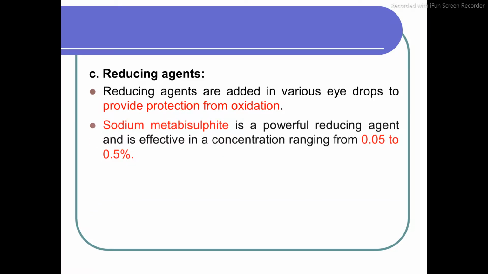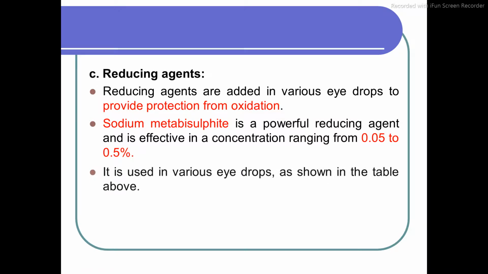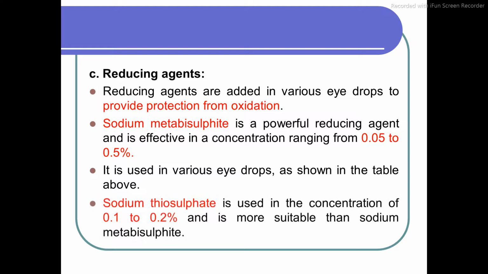Sodium metabisulfite is a very powerful and the most widely used reducing agent in ophthalmic preparations, and it is used in a concentration of 0.05 to 0.5%. It is used in various eye drops as shown in the earlier table we have seen. Then the next example of a reducing agent is sodium thiosulfate, used in a concentration of 0.1 to 0.2%.